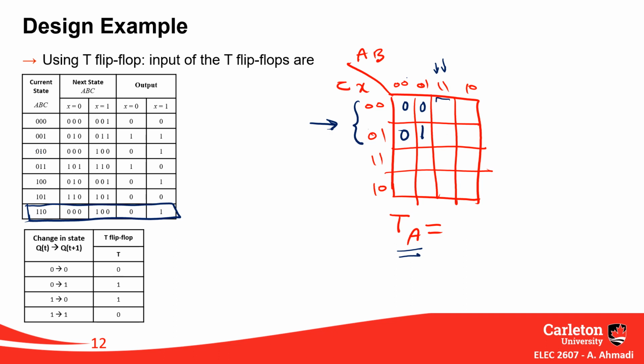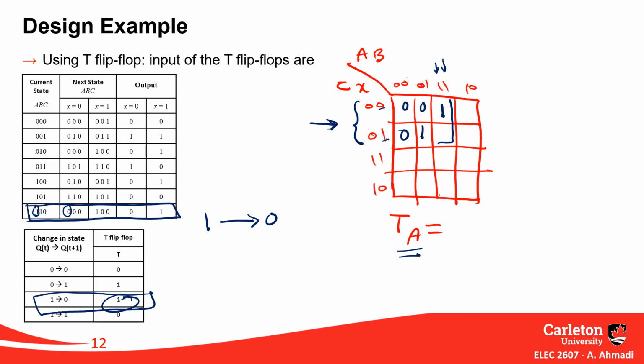So we are talking about these two cells for X equal to 0 and X equal to 1. At X equal to 0, A will be transformed to 0. See, A from 1 becomes 0. So a transition from 1 to 0. A transition from 1 to 0 requires T to be equal to 1. So this one will be 1.